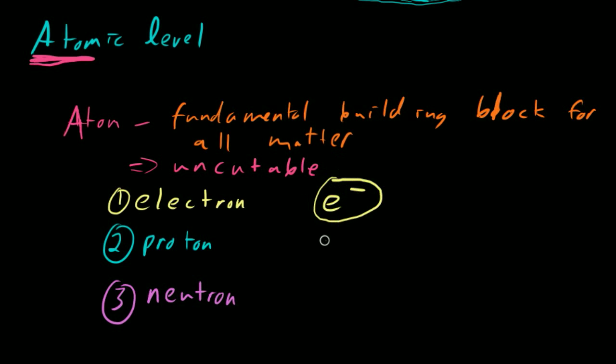The proton, which you might see me write like this, is going to have a +1 charge, and you can kind of tell from the name, positive proton, it's going to have a positive charge. And then a neutron, which is going to have no charge.